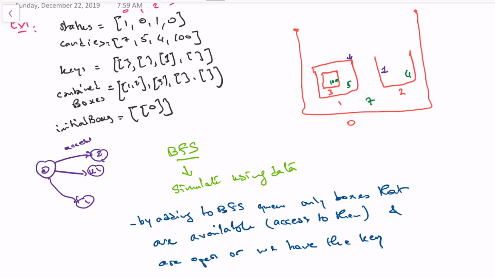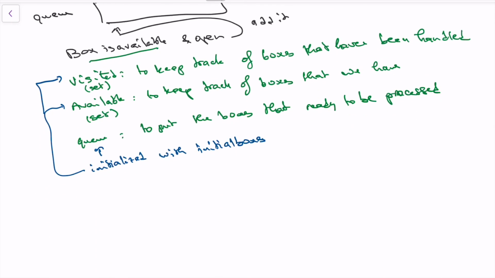So once we get a key, then we mark the box as opened right away, right? Because now we just are waiting for it to be available and we can use it.